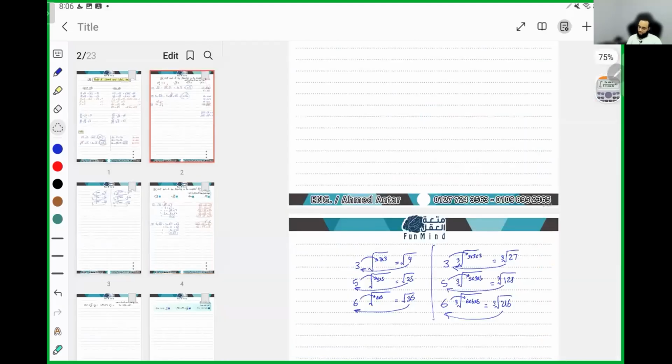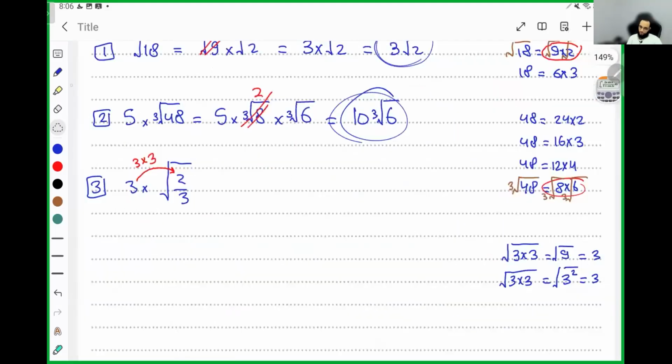So, Muhammad Izzat, if you understood the last step, I need to get the 3 inside the square root. What should happen? Multiply it 2 times. It's going to be 9. So I write only one root, and this is 2 over 3 times 9. From where do I get the 9? This is the 3 that was outside the square root.